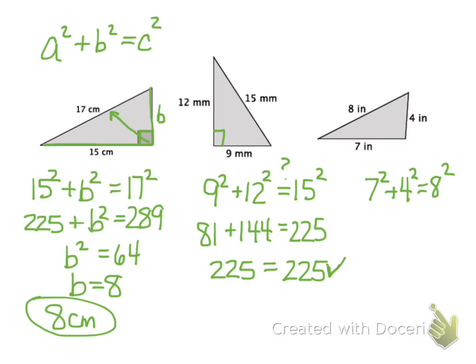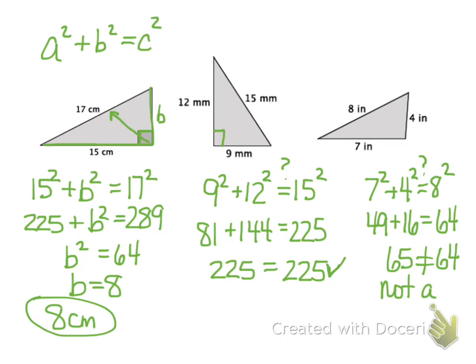So this 7 squared is 49, 4 squared is 16, and again, this is a question, are these equal? And 8 squared is 64. Okay, so 49 plus 16 is going to be 65. So 65 does not equal 64. So that is not a right triangle. Okay, it's pretty close. Not a right triangle.